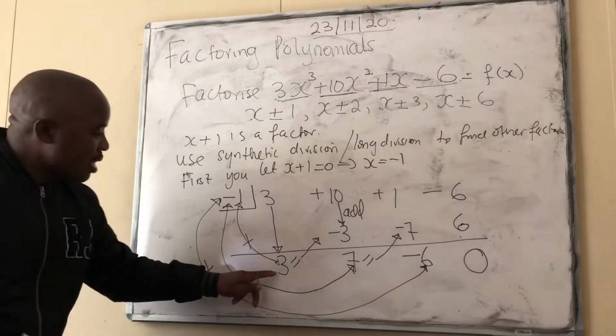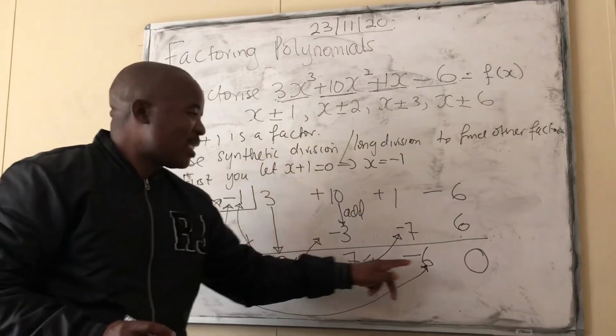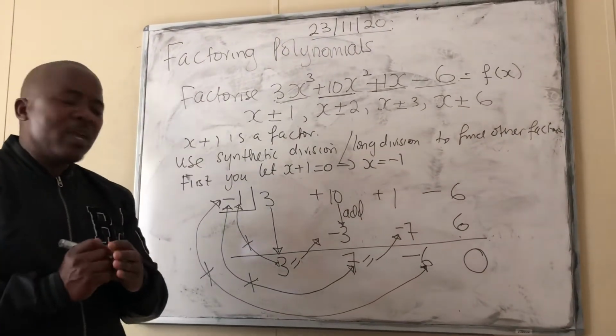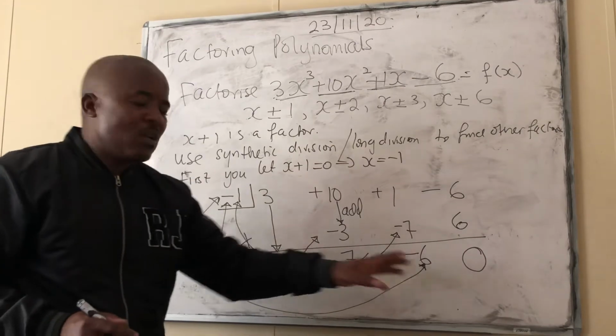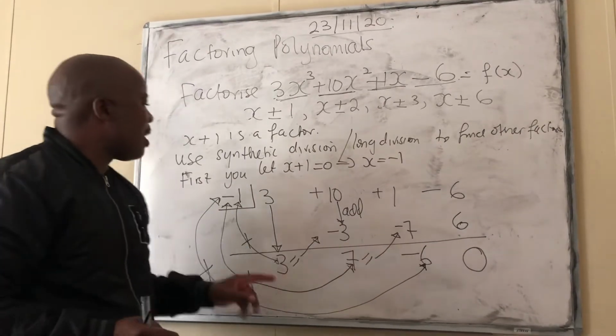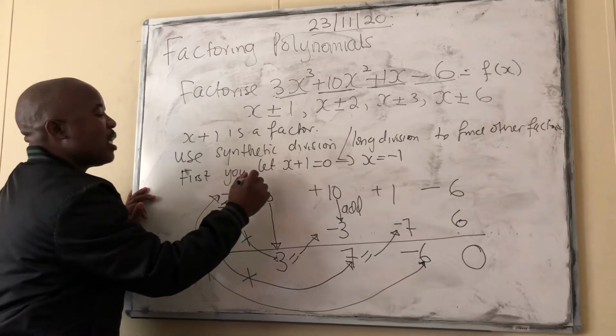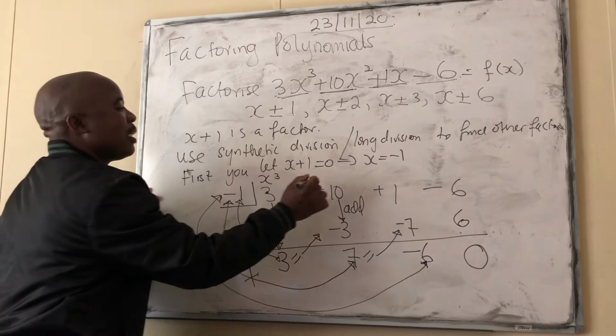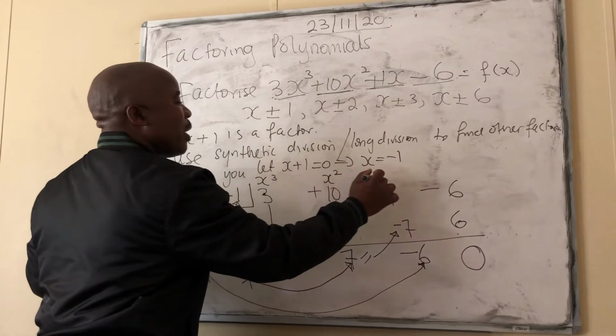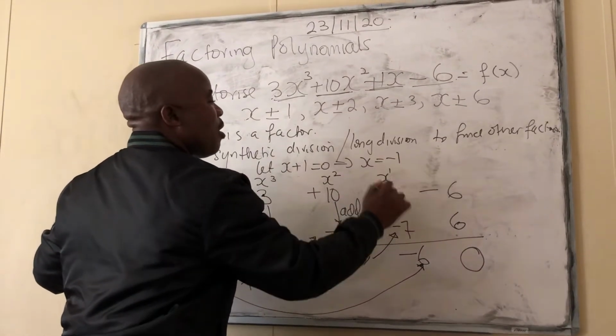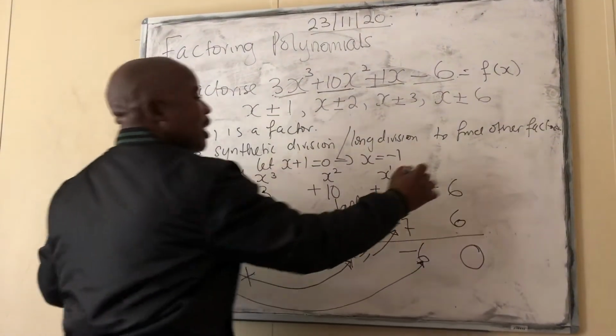So these numbers that are underneath here are going to be the coefficients of the new polynomial. This coefficient is for x to the power 3. This one is for x squared. This one is for x to the power 1. This one is the constant.